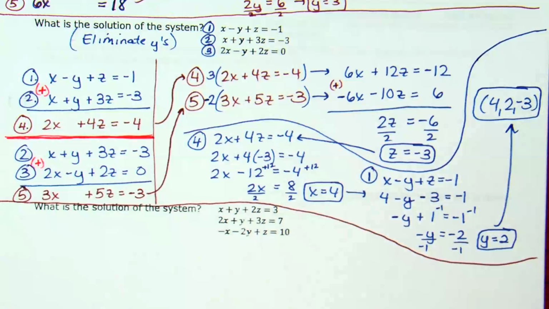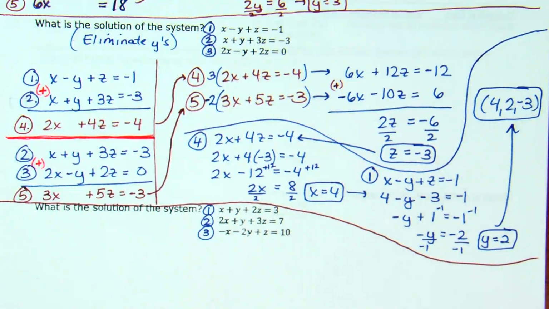Okay. One last problem. And there, I at least need to get through the beginning part to give you an idea because it's something we haven't run into yet. Do you want to eliminate x's, y's, or z's on this next problem? I hear x's, which is my plan.